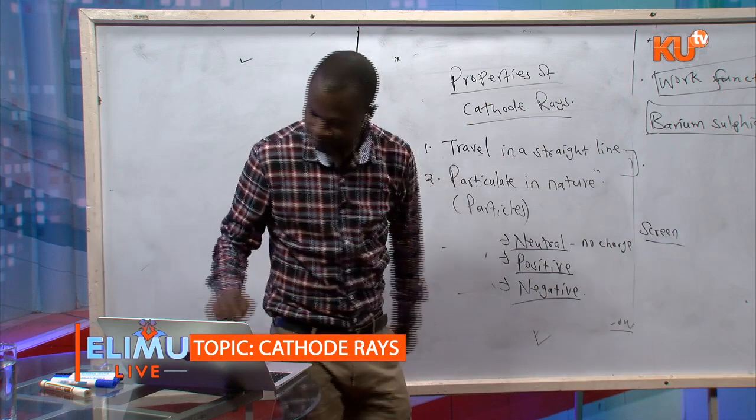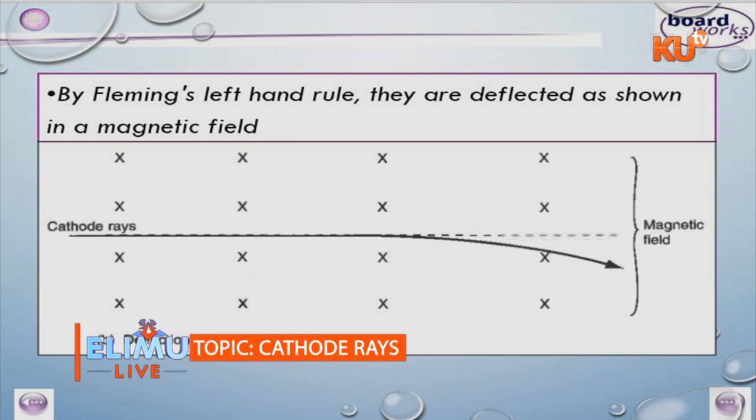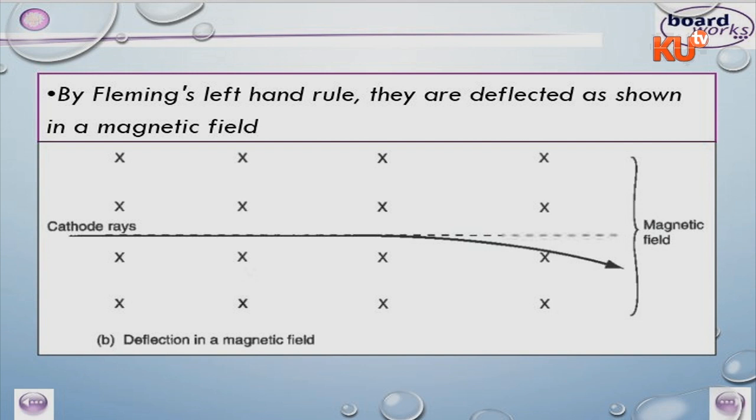And look at the next slide. If we take them through a magnetic field, how are they deflected? If you look at that slide, what do the crosses mean? If I may take you back to Form 2, magnetic effect of electric current in Form 2. So in a magnetic field, if we take cathode rays through a magnetic field, we can predict whatever will happen to them using Fleming's left-hand rule.